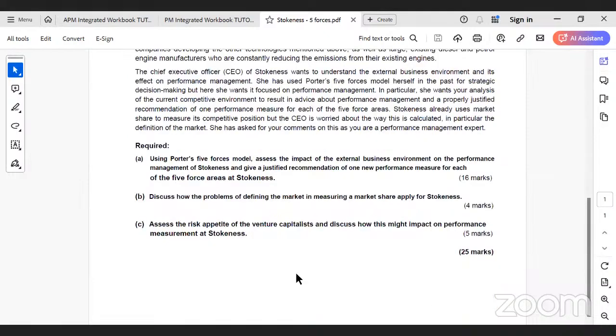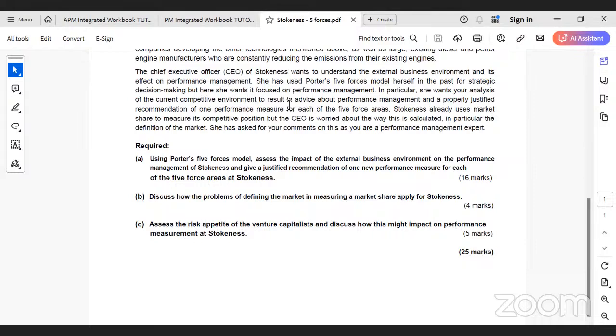Number one, for the A part, using Porter's five forces model, assess the impact of the external business environment on the performance management of Stokeness and give a justified recommendation of one new performance measure for each of the five forces areas at Stokeness.